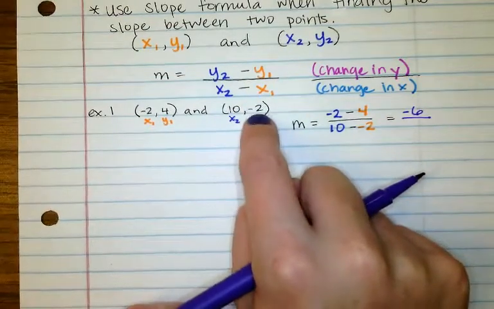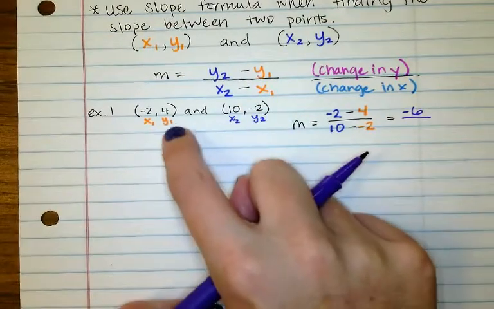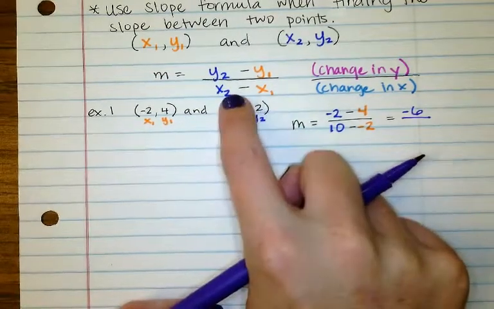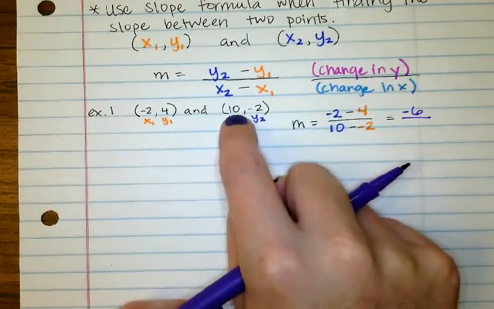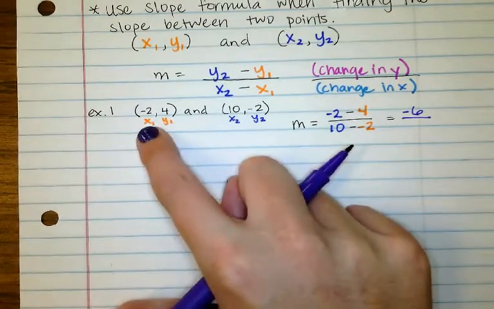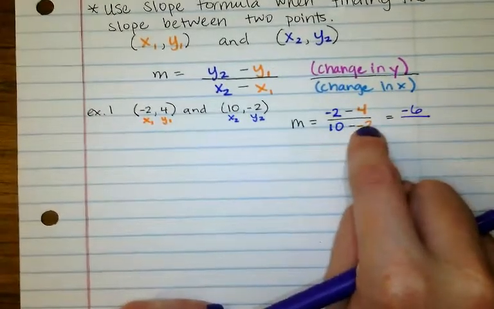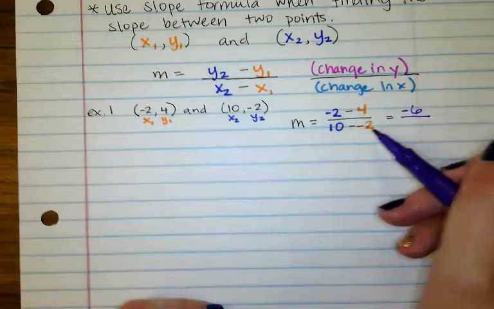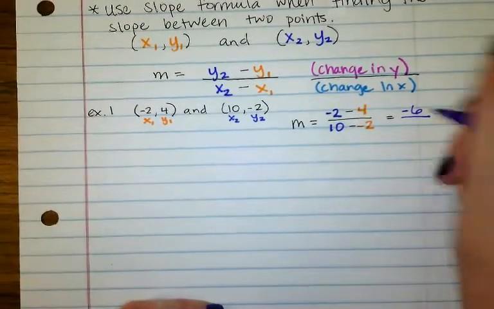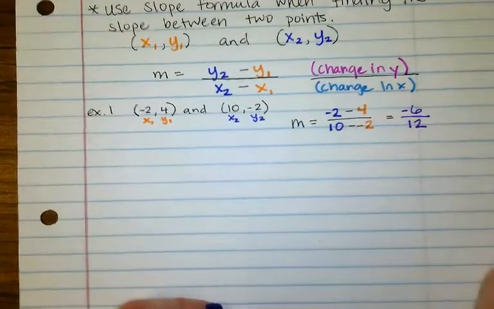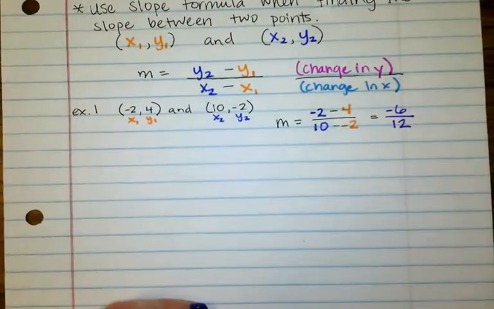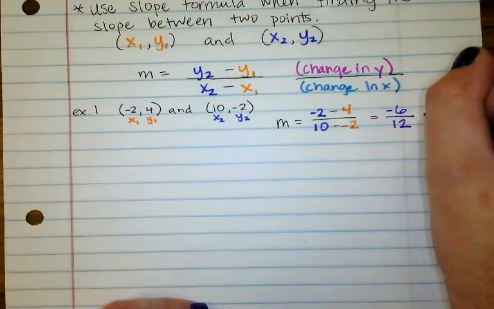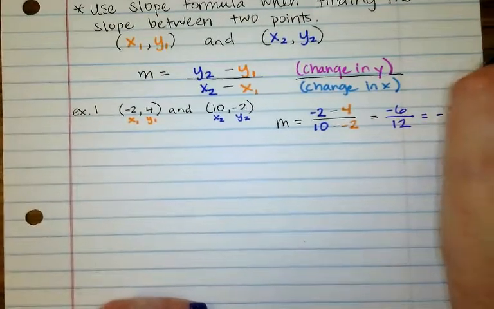And then we have x sub 2 minus x sub 1. 10 minus -2. Well, guys, if I subtract a negative, what am I really doing? Adding. So that becomes 10 plus 2, which is 12. And what's -6 divided by 12? Can we simplify that? Yes. That will be -1/2.